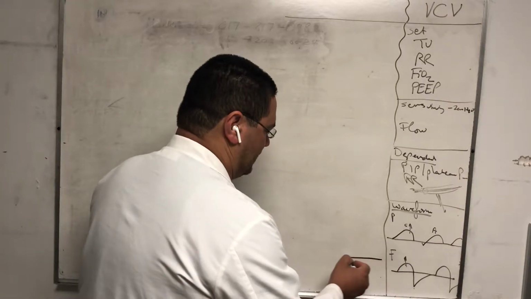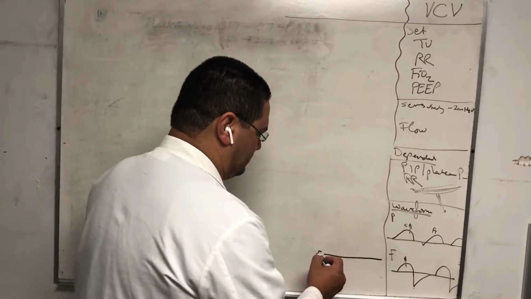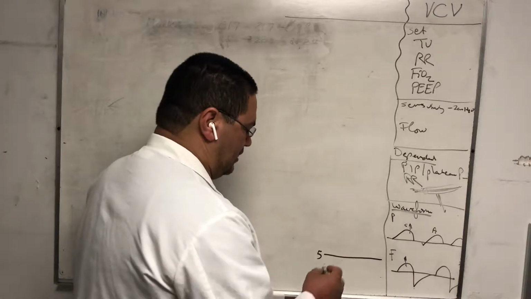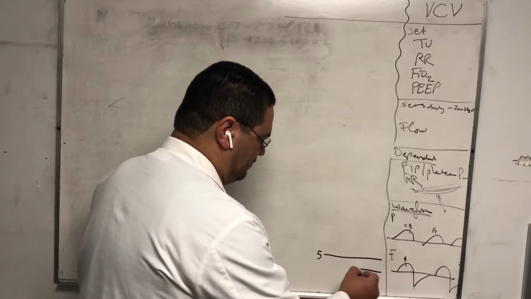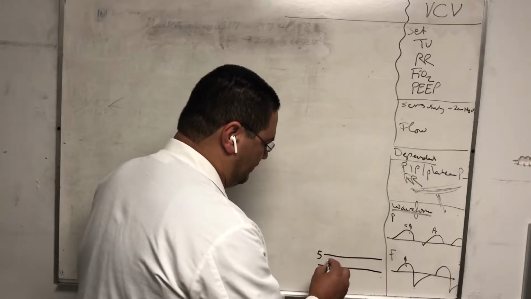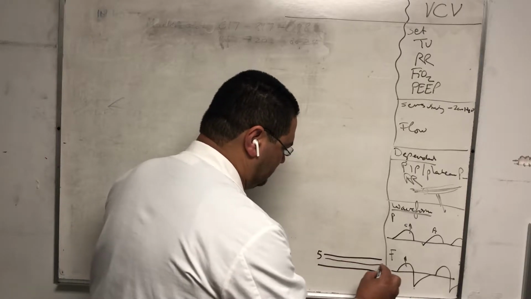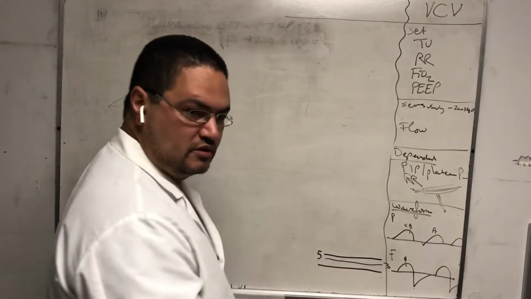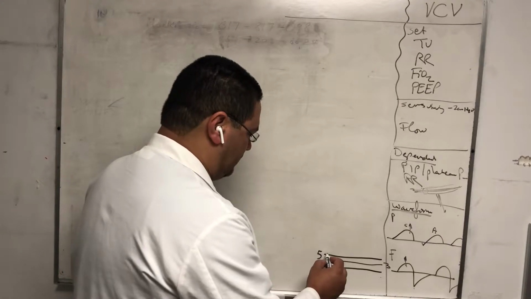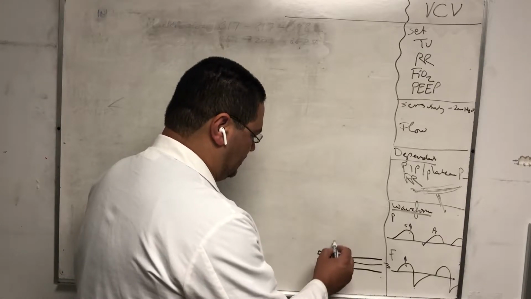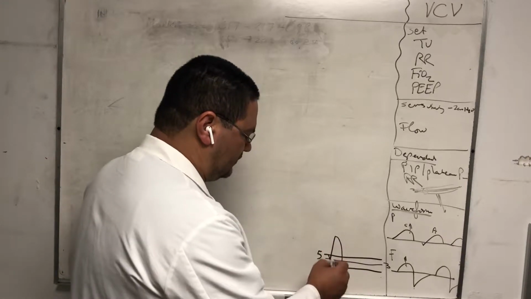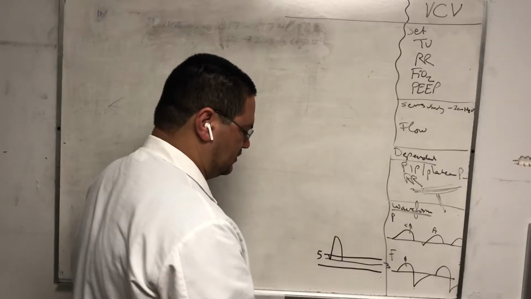So let's say you're starting at 5 of PEEP, okay? If your PEEP is starting at 5, then the vent is going to have to trigger at 3, right? Because you're saying -2, so if the patient takes a breath that big, the machine gives it a breath, 500 cc or something.